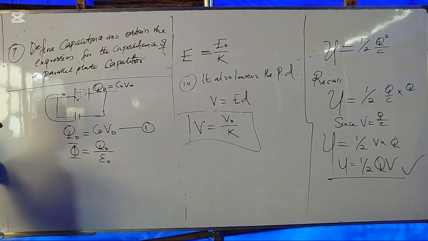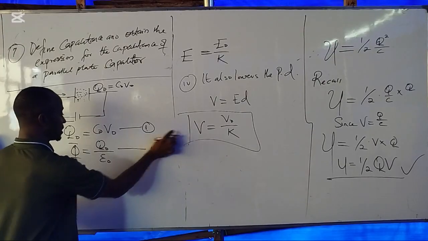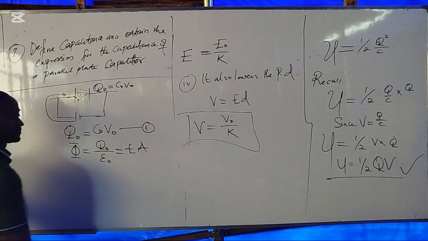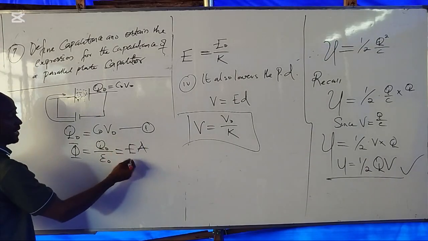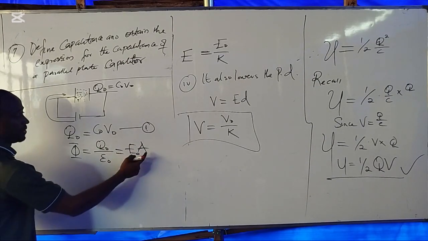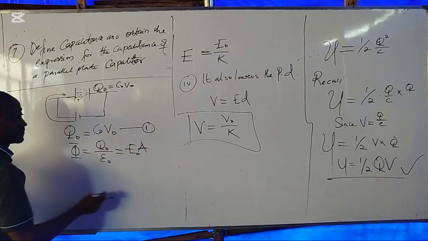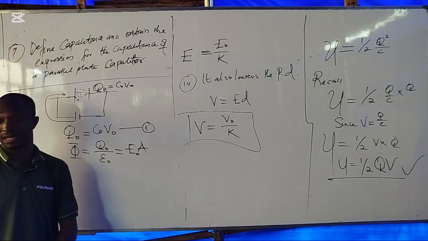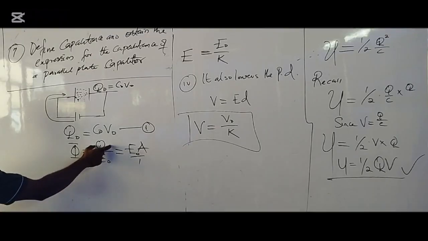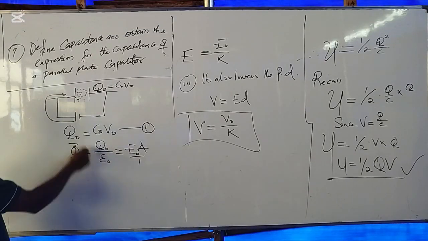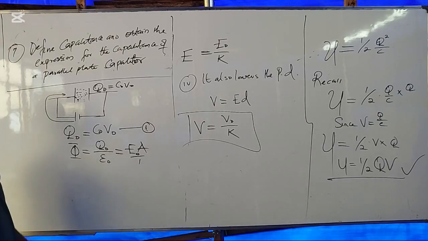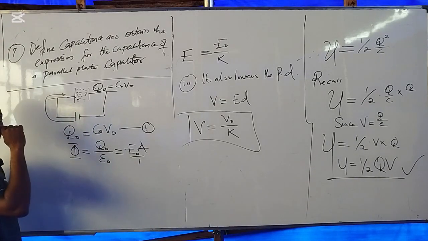This is equation 2. This same flux is equal to EA, but our E is E naught, times A, where A represents the area of the plate. So from here, the charge on the capacitor is Q naught over E naught, equals E naught times A, when air is the dielectric material.